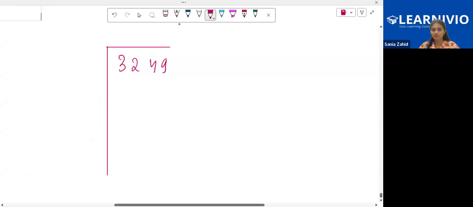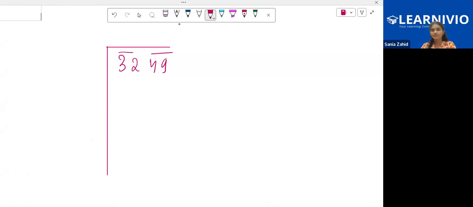Yes, ma'am. First, we have to make pairs from the left, two digits each. Like 49 and 32. Then we have to consider 32. This is not a perfect square.